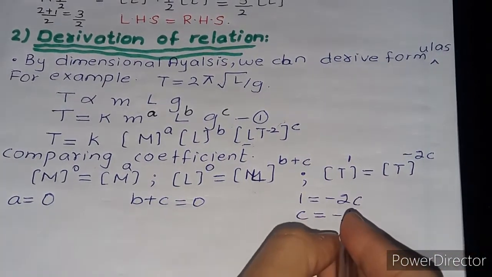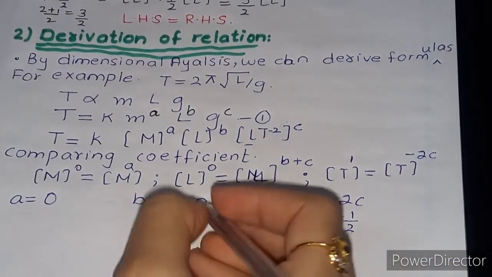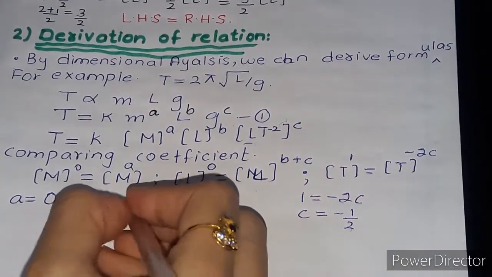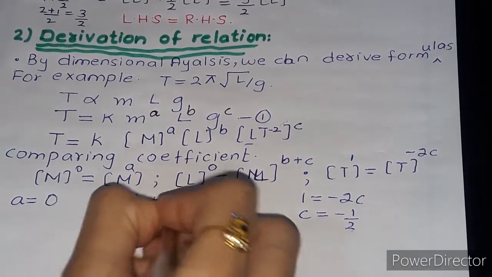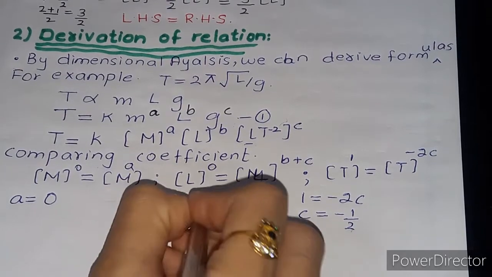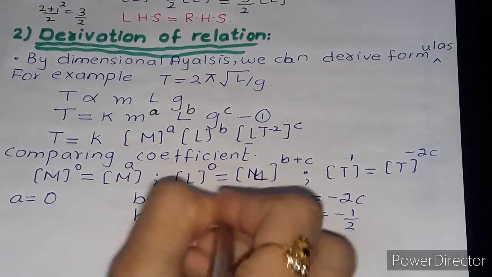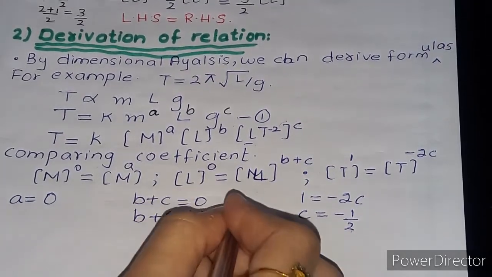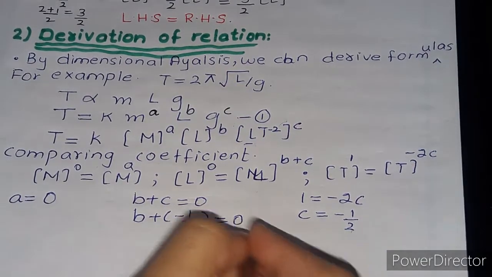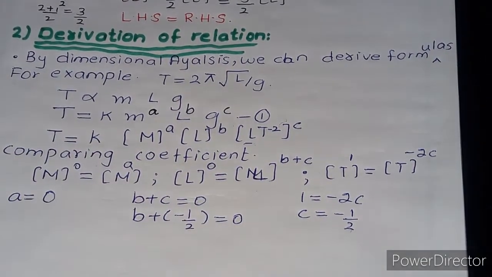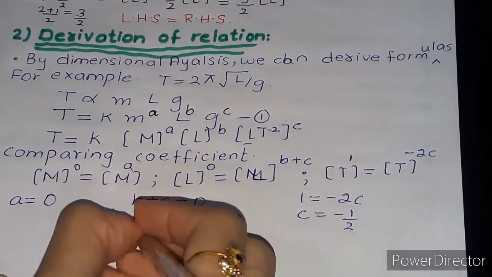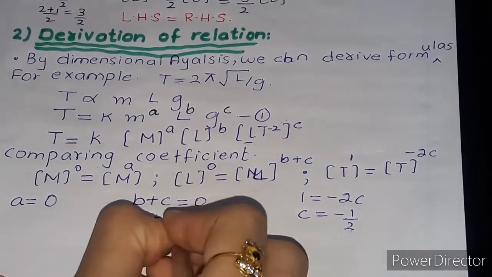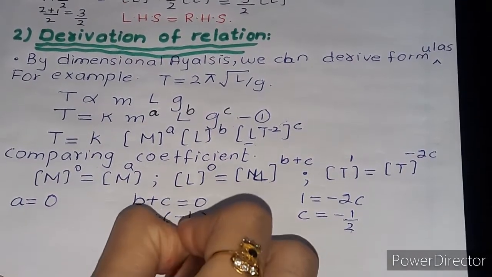Put this minus 1 over 2 in this equation: b plus minus 1 over 2. Minus times minus becomes plus, so b is equal to plus 1 over 2.